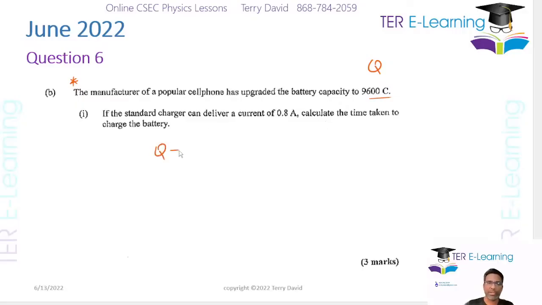So the formula: Q is equal to I multiplied by T. Therefore T is equal to Q over I. Your charge is 9600, and to tell you the truth, that number looks very familiar. I feel it's the same number. Divided by 0.8 amps, that's 9600 divided by 0.8. This number looks very familiar to me. So this is 1200 seconds.